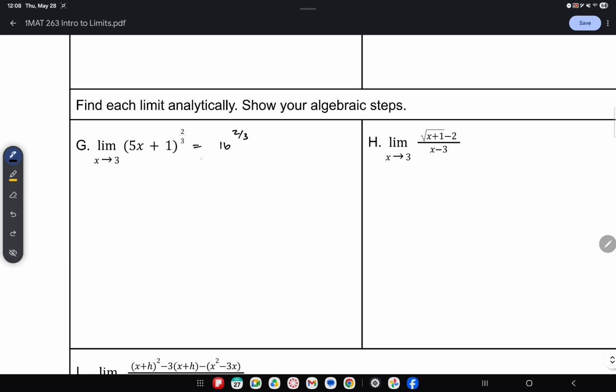I don't know what that is off the top of my head. 16 squared is what? 256. Then we're doing cubed root. That was 16 times 16, which is 4 times 4, and 4 times 4, taken out in groups. So 4 cubed root of 4.